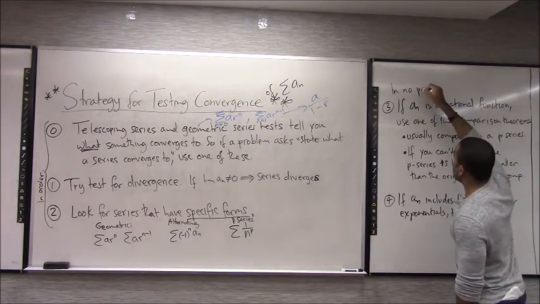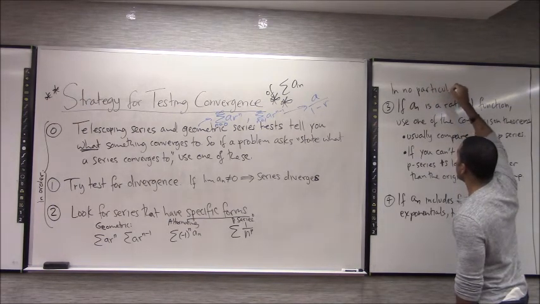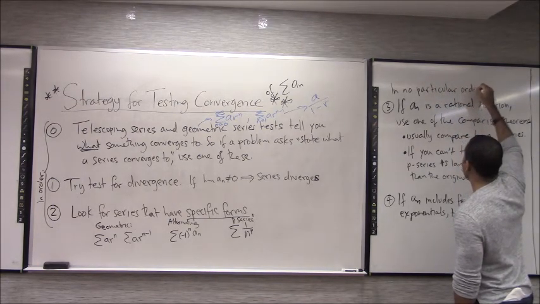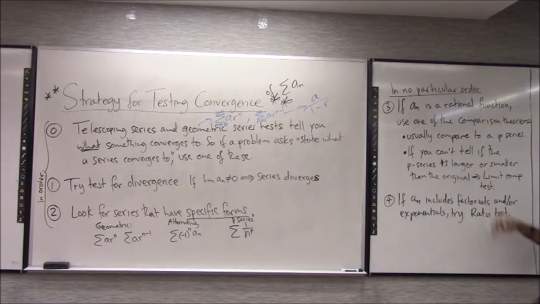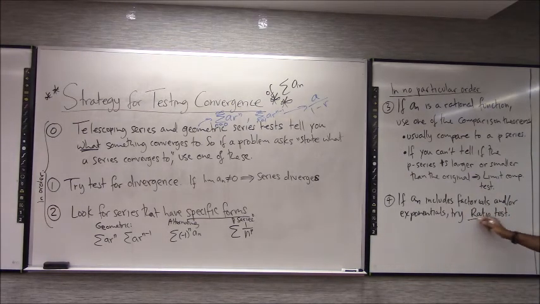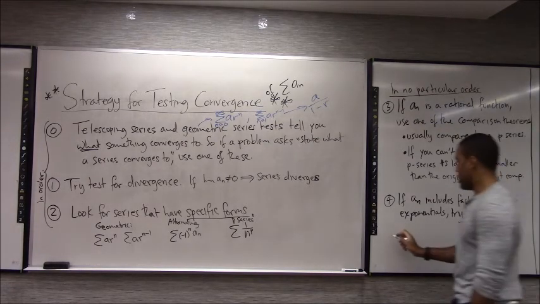If you just happen to spot a rational function, comparison. If you know whether the guy you want to compare to is bigger or smaller, use direct comparison. If you don't know, use limit comparison. If what you're looking at has factorials and/or exponentials, the ratio test is probably going to be your best bet.